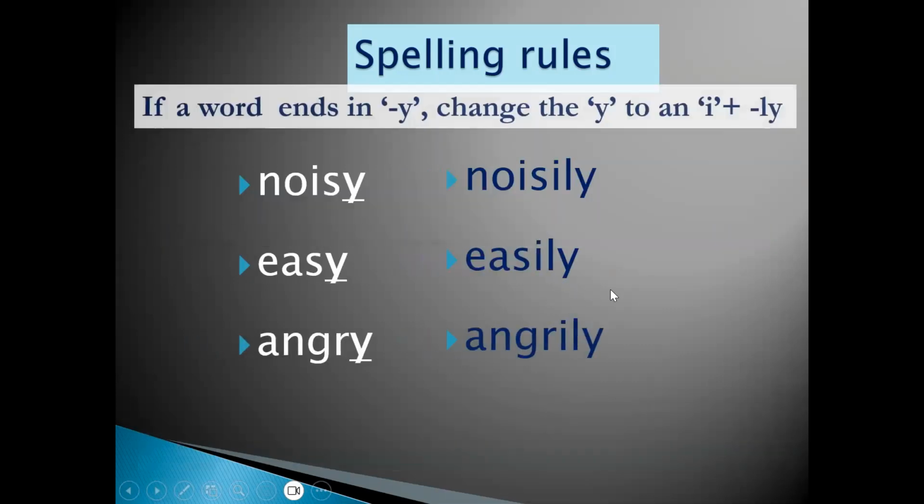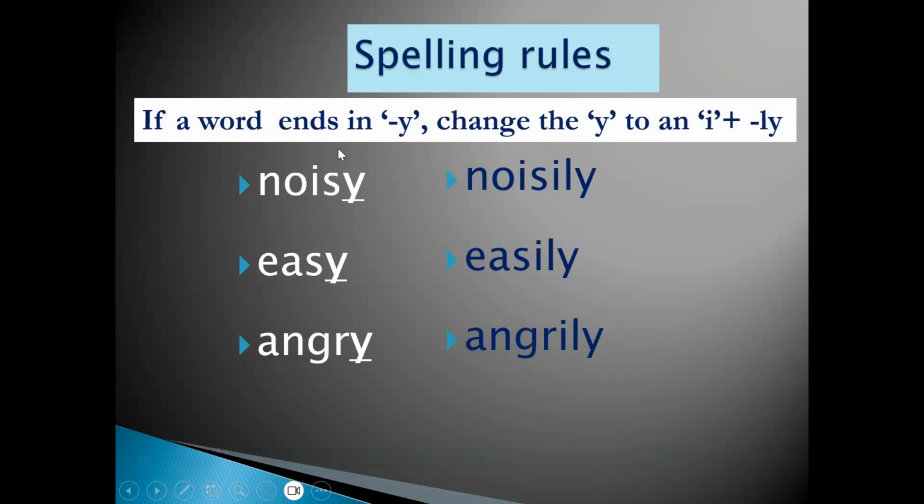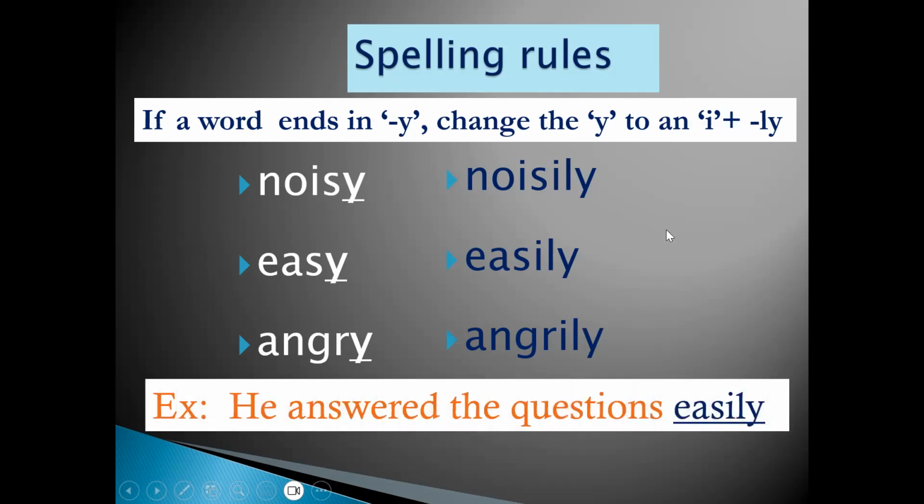What is the rule with that? If a word ends in Y, change the Y to I plus LY. If you look, this adjective ends in Y, so change the Y for the vowel I and add LY. This is the first rule.